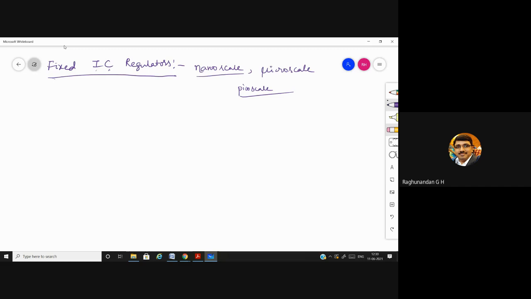Okay, that's just for your understanding or curiosity. Coming to IC regulators, we basically have three types of regulators.